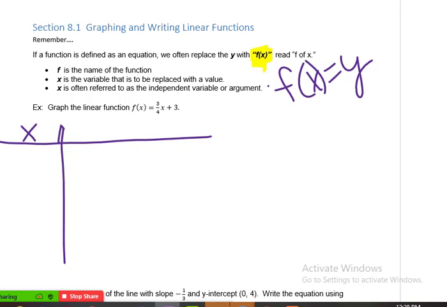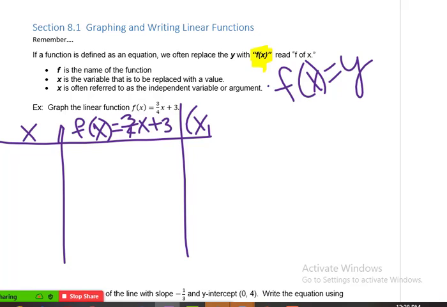Here's my f of x equal to 3/4 x plus 3. Now remember, it looks weird to have it that way, but we can replace f of x with y. So these 2 different ordered pairs, x, y, and x, f of x, they mean the exact same thing.